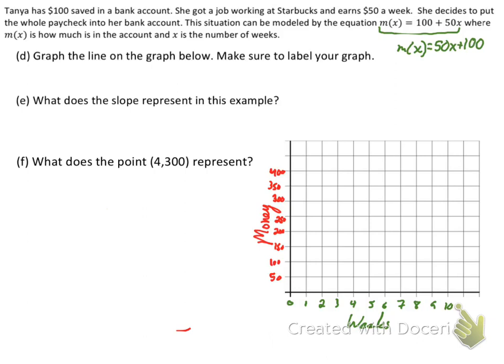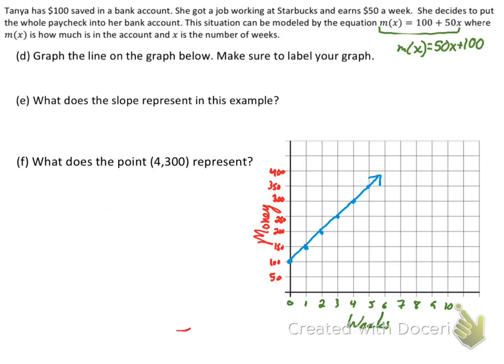At 0 weeks, she has $100 in the bank account. After 1 week, it's $150, so on and so forth. So if I just plot all these points and then if I connect the dots, boom. Okay, that is a graphical representation of this function.